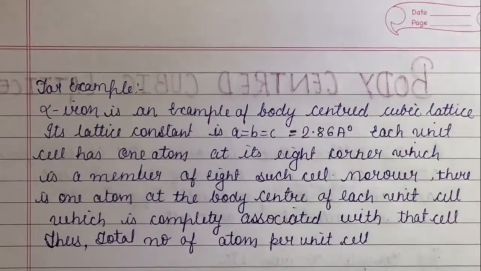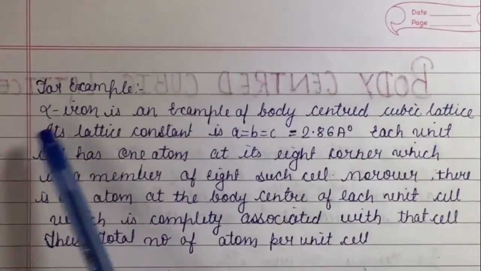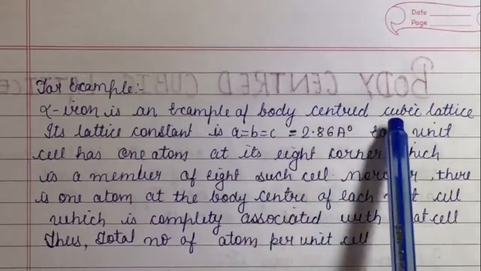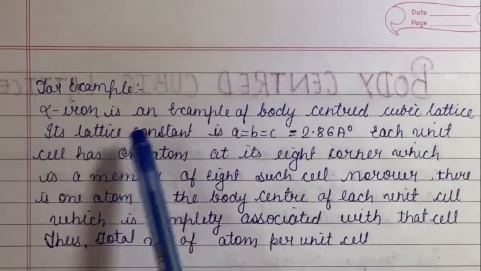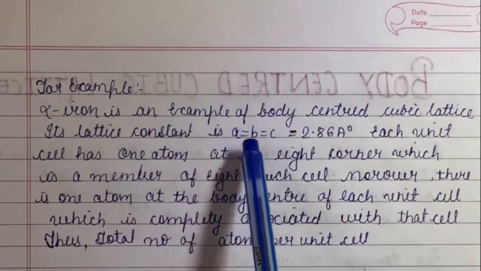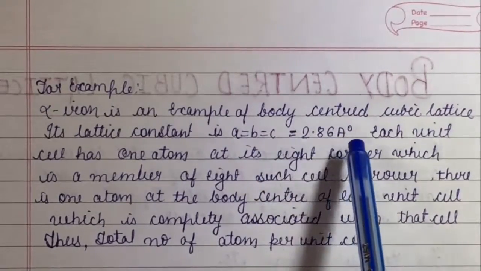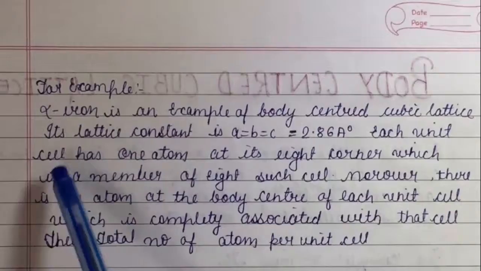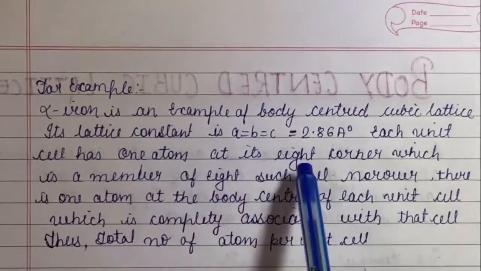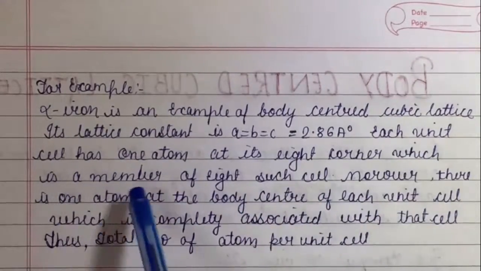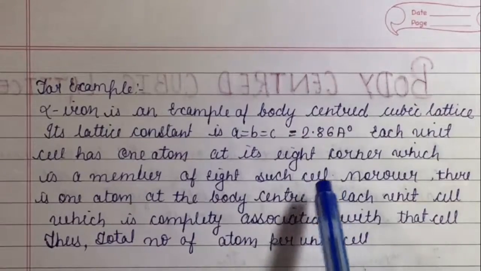One example of this is alpha iron. Alpha iron is an example of the body-centered cubic lattice. Its lattice constant is a equals b equals c equals 2.86 Angstrom. Each unit cell has one atom at each of its 8 corners, which is a member of 8 such cells.